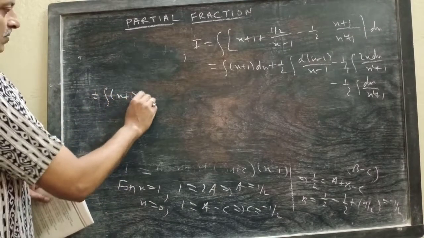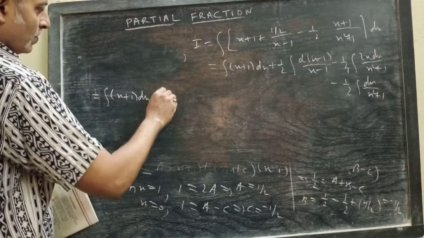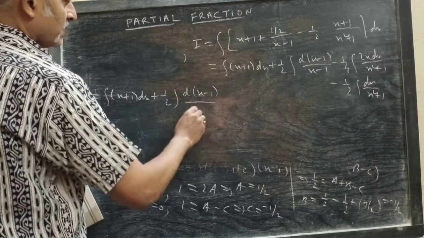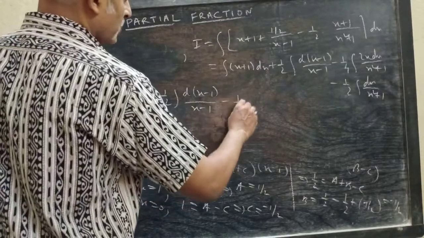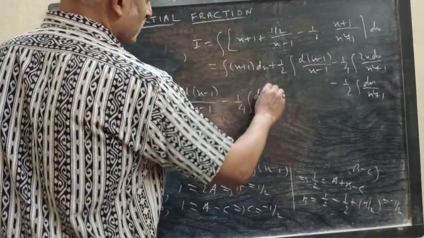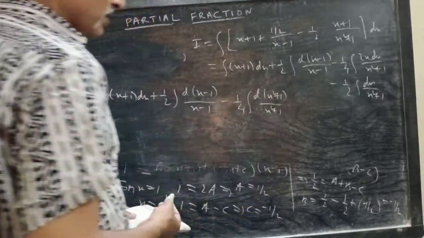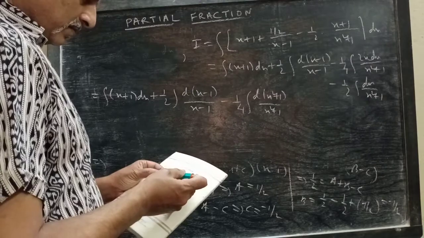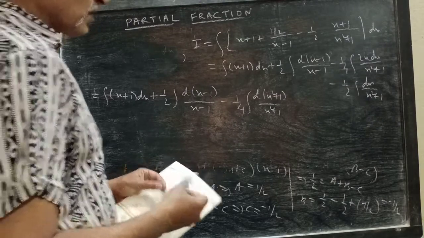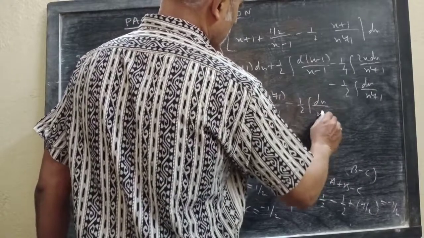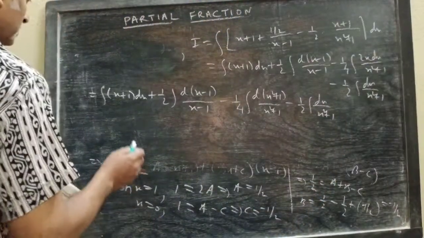That is integration x plus 1 dx plus half integration d of (x minus 1) by (x minus 1), minus 1 by 4 integration d of (x square plus 1) by (x square plus 1), minus half integration dx by x square plus 1.